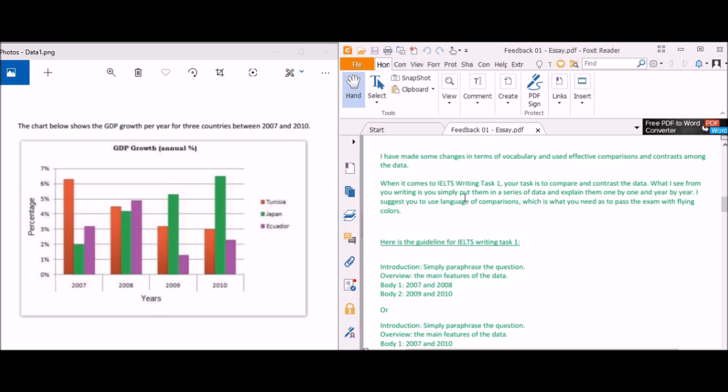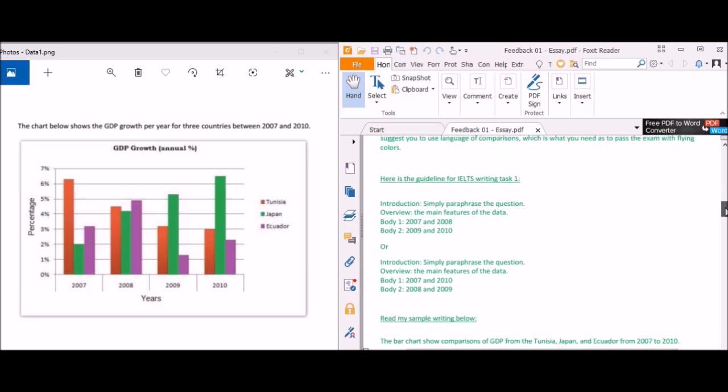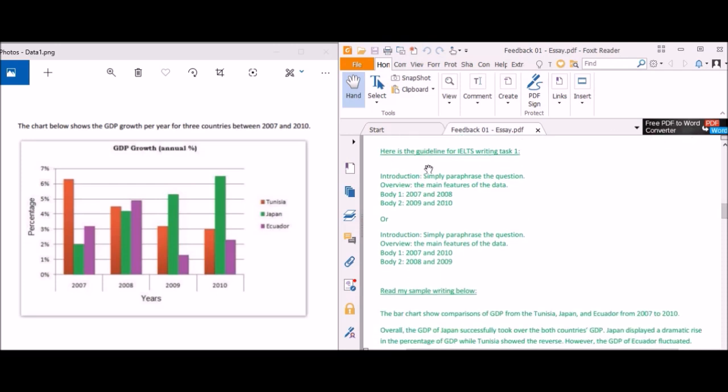Not only writing the data as in the chart, we need to try to make our writing intriguing for others, and we can try to present the interesting things in the chart, like who is the highest and who is the lowest. And you can see the guideline here, the guideline for writing task 1.